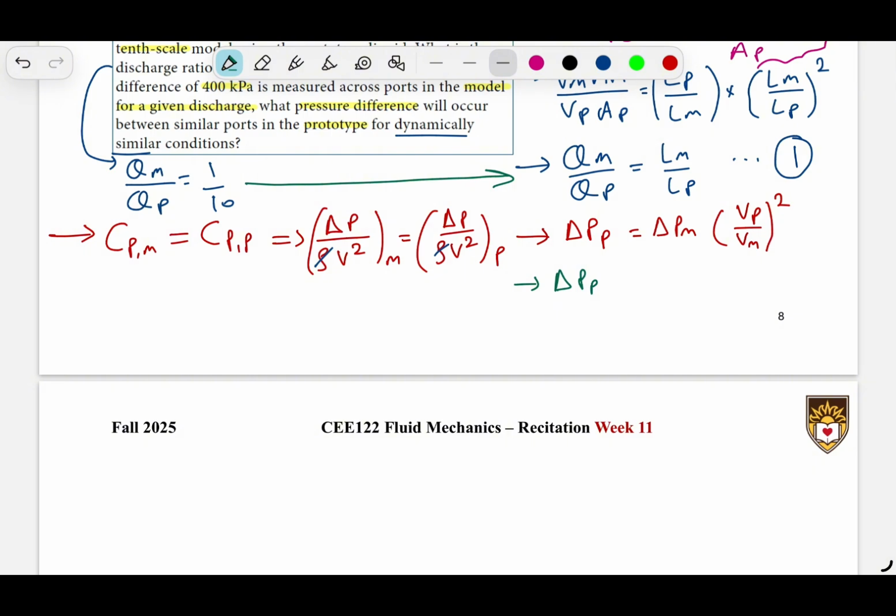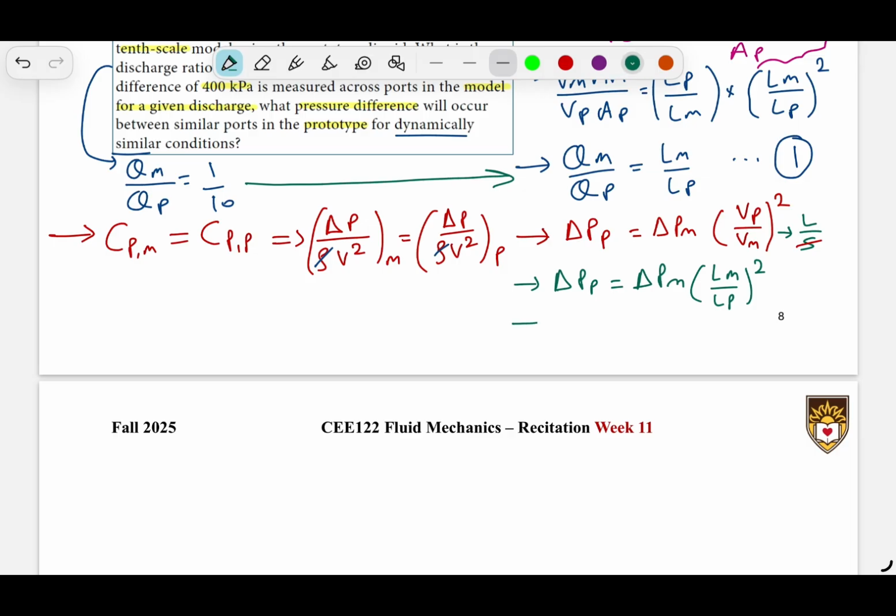The pressure difference in the prototype will be equal to the ratio of length of model over prototype square, because the velocity is length over second. So we can ignore second here, because they will have the same unit in seconds. So what we will have is length.